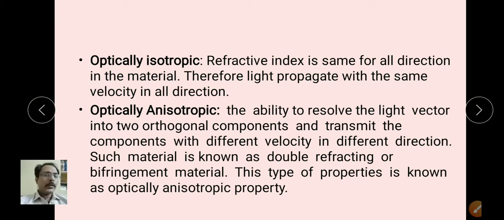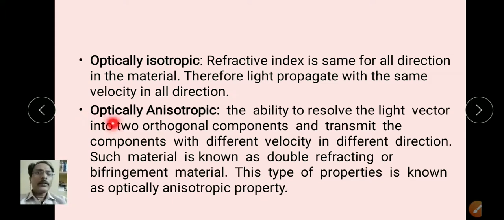Similarly, if light comes through that glass, what happens? There is no variation that takes place. So the refractive index is the same in all directions in the material. If you pass light through the glass, it will have the same refractive index as before it hits the glass. Therefore the light propagates with the same velocity in all directions. Such materials are called optically isotropic.